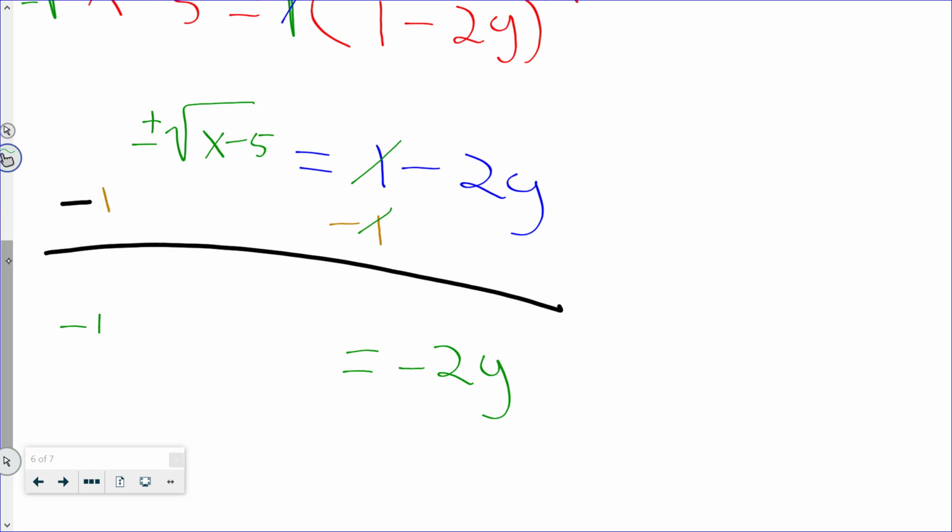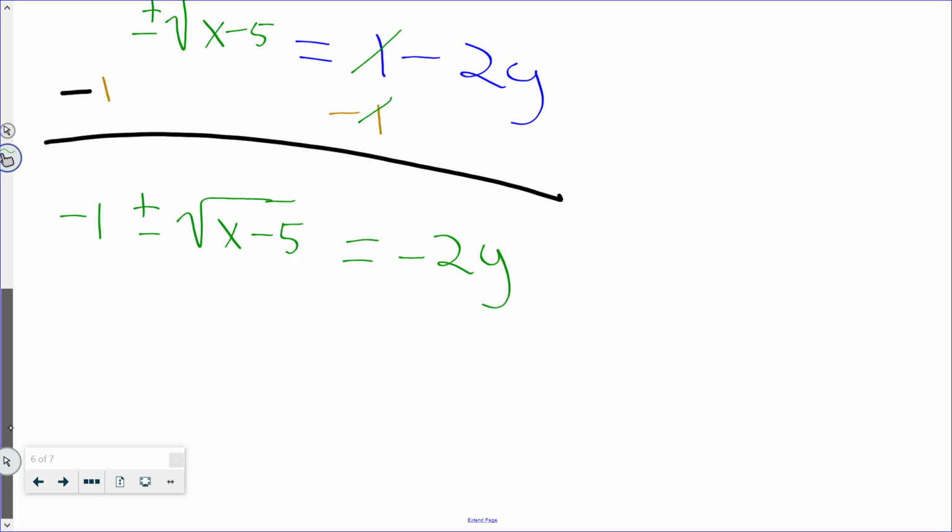So minus 1 plus or minus radical x minus 5. And last but not least, not Tessa, not Michael, not Brianna, not Nicole. Isolate the y. Divide both sides by negative 2.